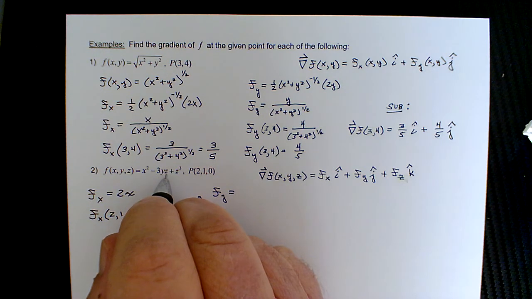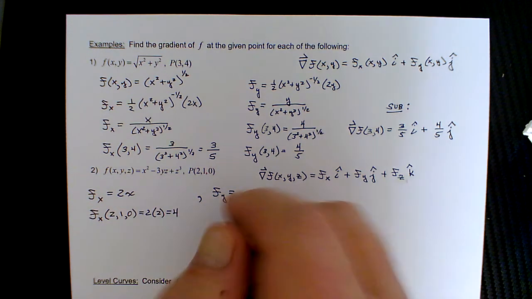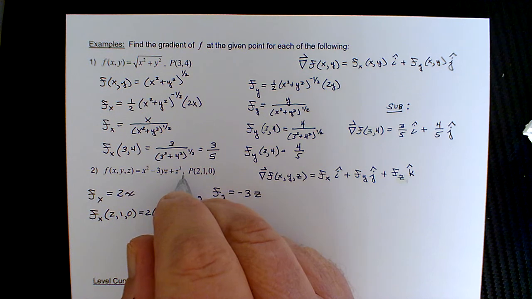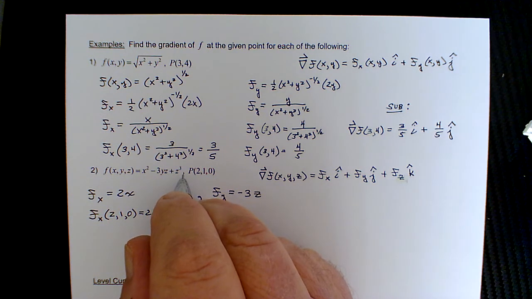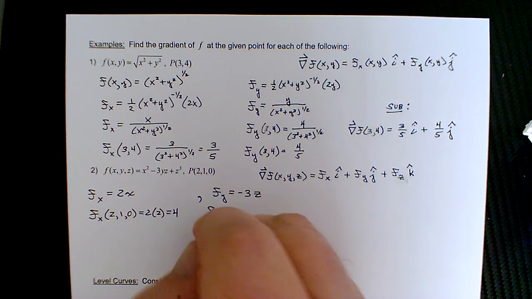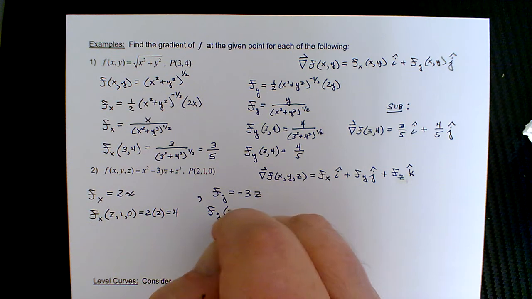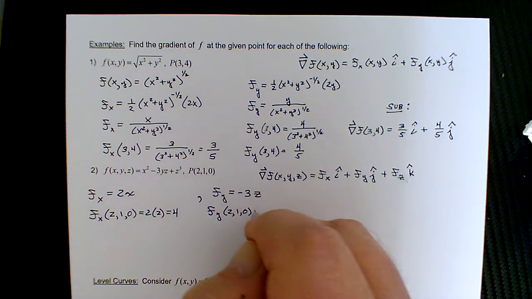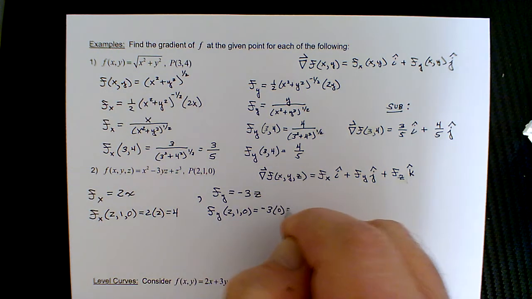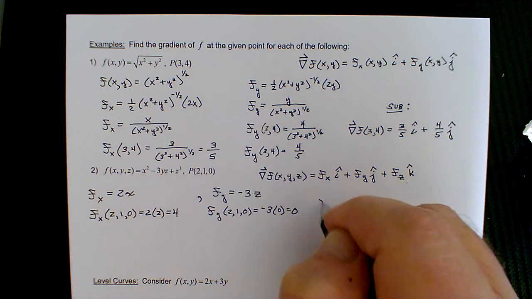With respect to y, z is a constant, so the derivative will be negative 3z. And then z cubed is a constant, so its derivative is 0. So then the partial with respect to y at that point, 2, 1, 0, would be negative 3 times z, which is 0, which is 0.